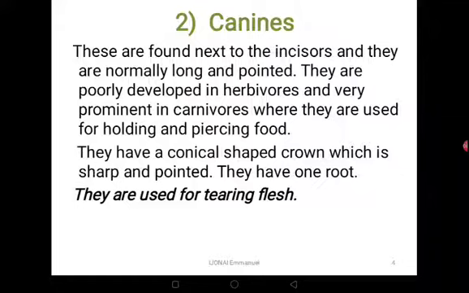You have seen leopards or lions carrying antelopes from one place to another, holding them by the mouth. So they use the canines for holding.